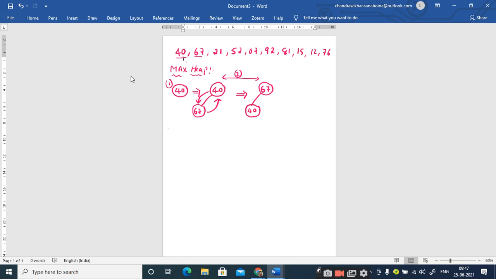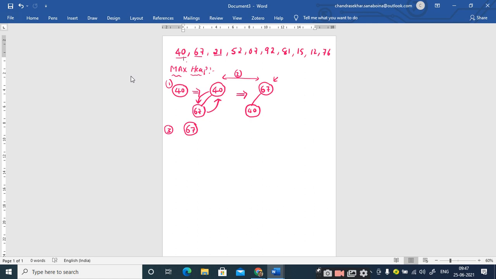Yes, sir. Now let us go with the third element. So what is the third element? I have 21. So now you should take this particular tree. So where should I insert 21? Right child of 67. Super.